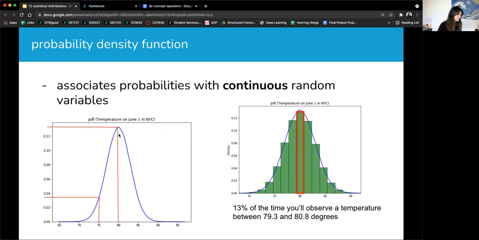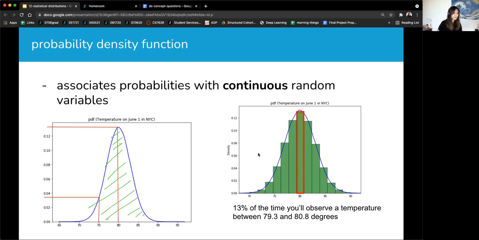But basically, if you look at this area under the curve, if this is roughly 0.13, and you were to estimate the area under this curve here, all of these bars will roughly add up to 1. So the main thing to know here, compared to the mass function example, is that in a probability density function, the area under the curve, which is this green shaded area that I'm shading right now, is equal to 1.